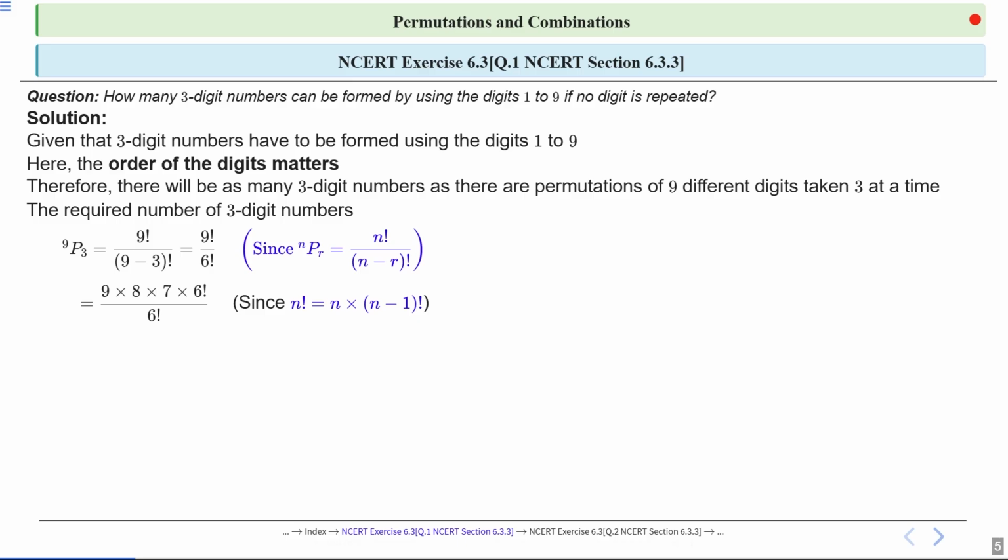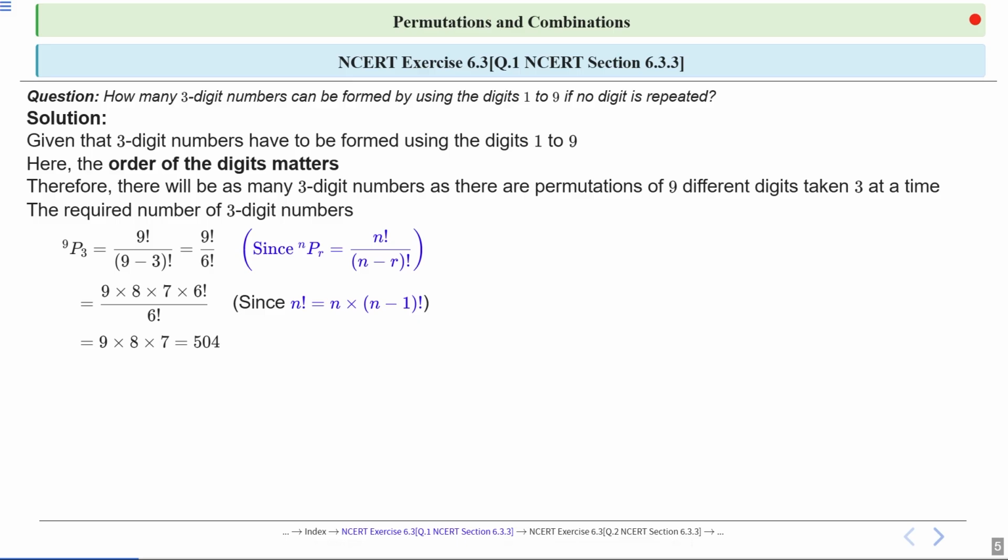Now we simplify the expression by using the formula n factorial is equal to n times n minus 1 factorial. So 9P3 will become 9 into 8 into 7 into 6 factorial upon 6 factorial. Here you can see 6 factorial is common in numerator and denominator, so we can cancel them.